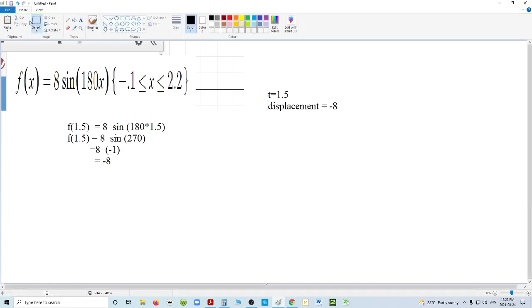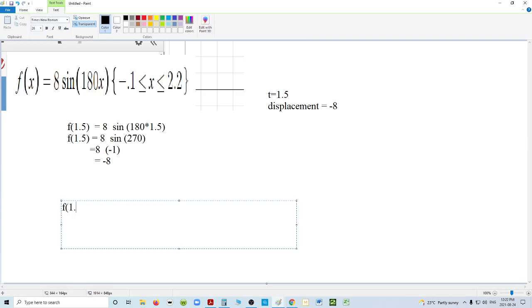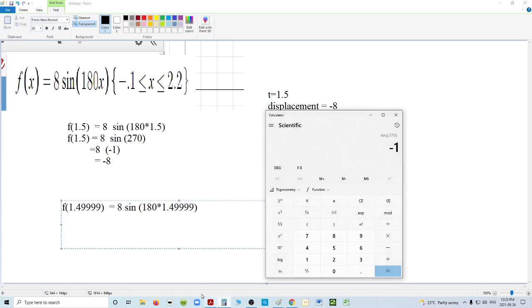So now you've got to take a point that's just to the left, which is f of 1.49999, and you do that the same way. You take 8 sine 180 times 1.49999, and you're going to get a point that's just to the left. So you take your calculator and you do 180, and you multiply by 1.4999, and that's if I take all 4 nines.